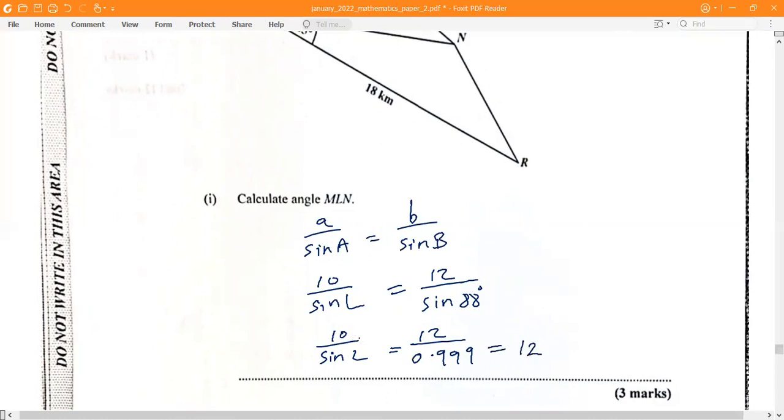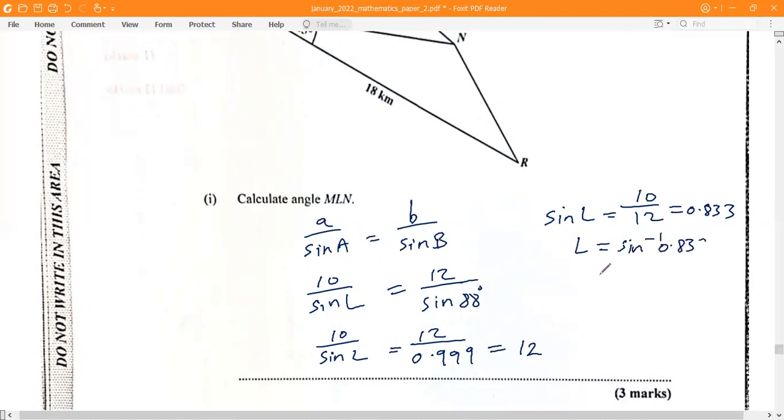So we're going to find sine L. Sine L will be equal to 10 divided by 12, which is 0.833. And to get L, we do the sine inverse.